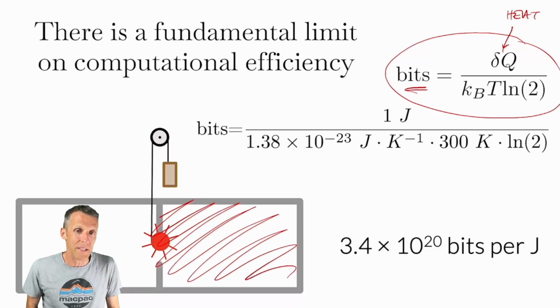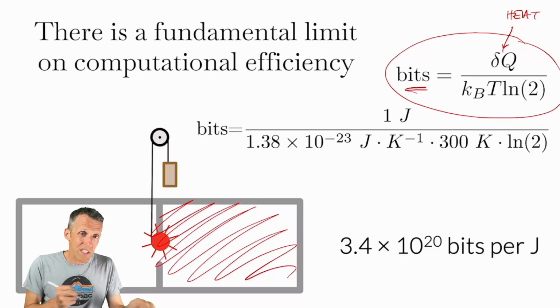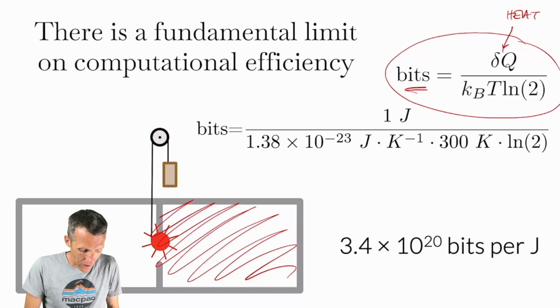Let's imagine we have a piston where there's gas on one side and there's no gas on the other. And we have a little spinning turn wheel here that when it spins, it's going to lift or lower a weight. Now if we don't know which side the gas is on, how might we figure it out? Well, we could open a valve that lets gas flow. Gas will flow in here. That will cause this to spin.